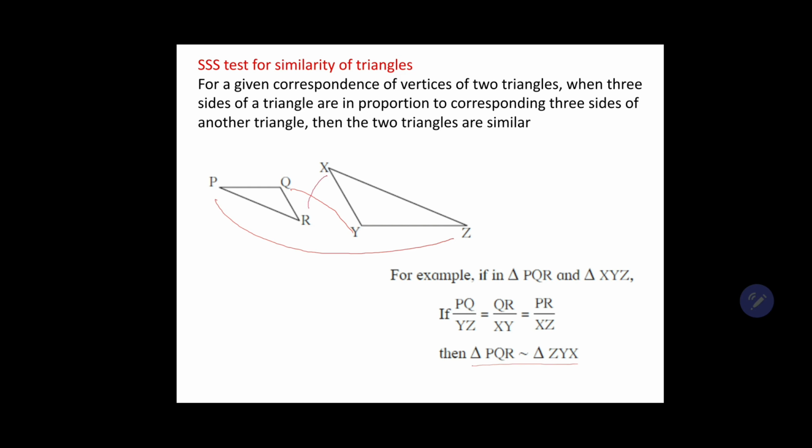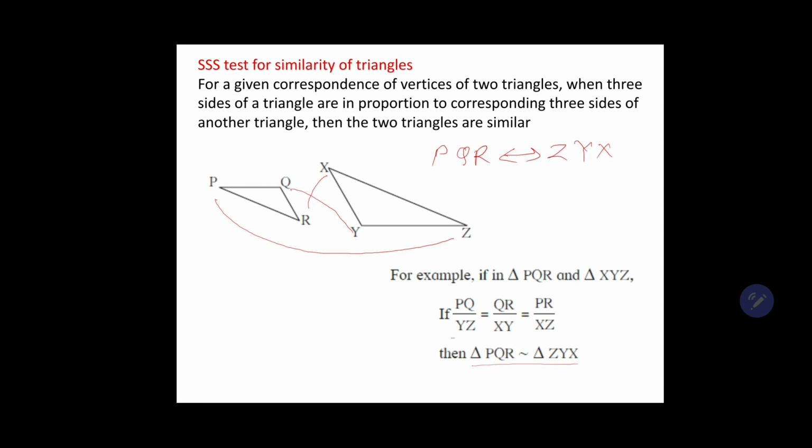So for this correspondence, P, Q, R corresponding to Z, Y, X, if the corresponding sides are in proportion, then we say that these two triangles are similar.